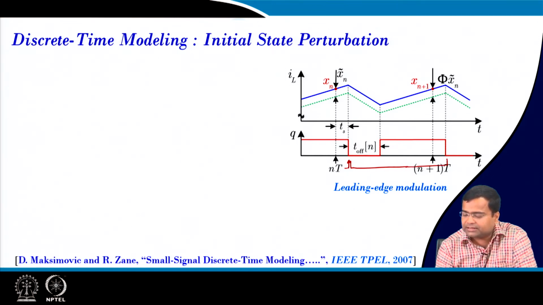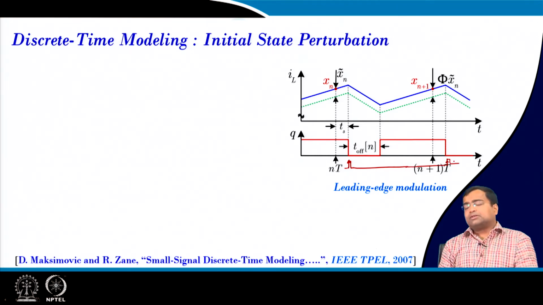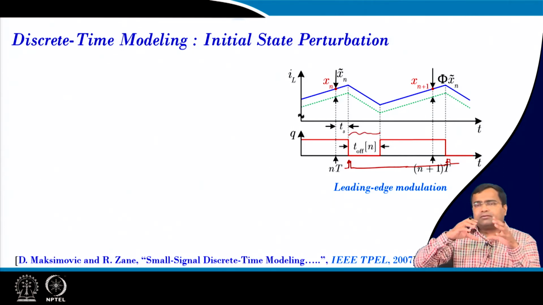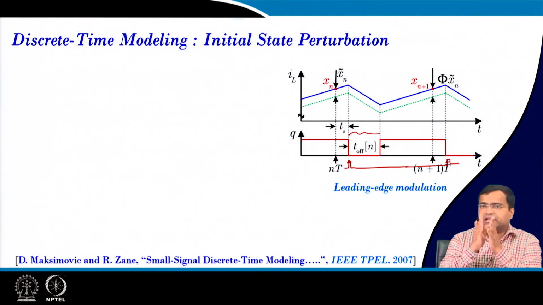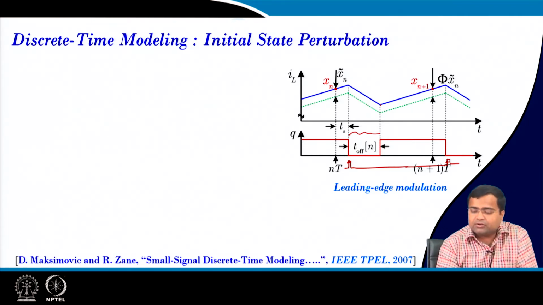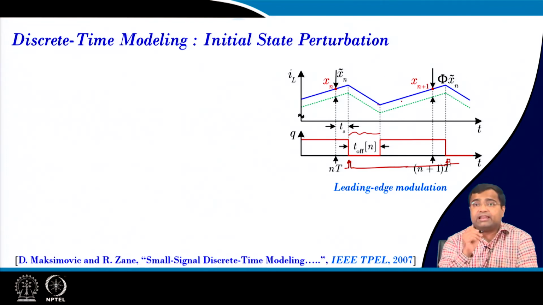Here, since we are using off time, under open loop condition we generally fix the on time and off time. So, this off time duration is constant, but if we use any control method, for example valley current mode control, then the switch will be turned on again when the inductor current hits the valley current.